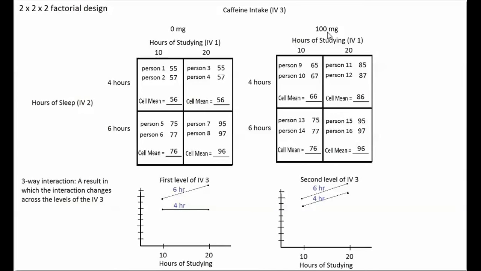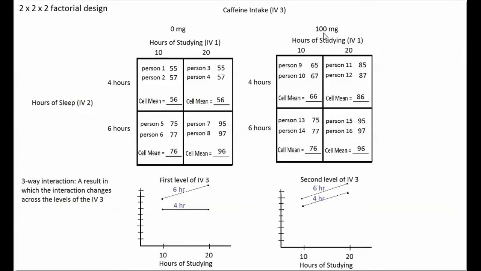Over here in the 100 milligram condition, these participants who are not getting enough sleep might actually benefit from the extra studying because the caffeine wakes them up and they can think clearly during the exam. So it could be that in the 100 milligram condition, the participants who sleep only 4 hours benefit from the extra studying, and the participants who sleep 6 hours also benefit from the extra studying. And that's what we're seeing here.